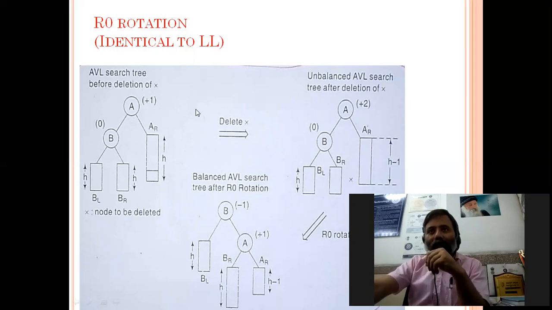So the tree becomes imbalanced, so we need rotation. And then, basically this node has been deleted in the right subtree of this node A, that's why we apply R rotation. And the balance factor of the left child, that is B, is 0, so R0 rotation.